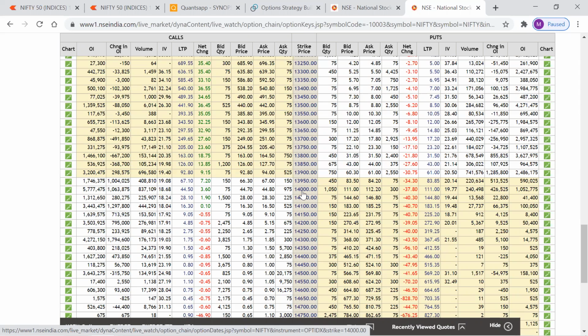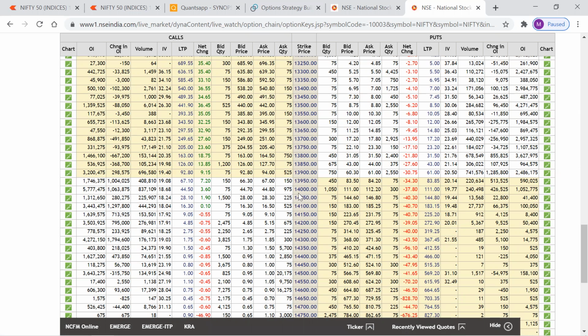If you are estimating that the market will cross 14,000 before 31st of December, that means you are bullish. If you are bullish, you need to buy a call or sell a put. If you want to have the right to buy, then you need to pay the premium. So what's the premium that you need to pay? 44.50 is the premium that you need to pay.